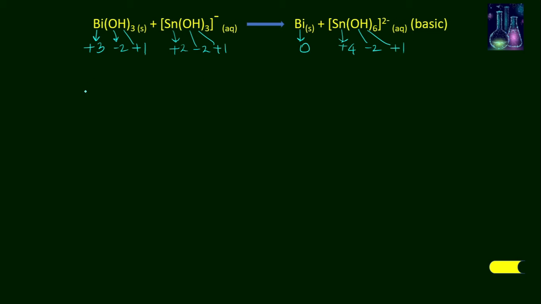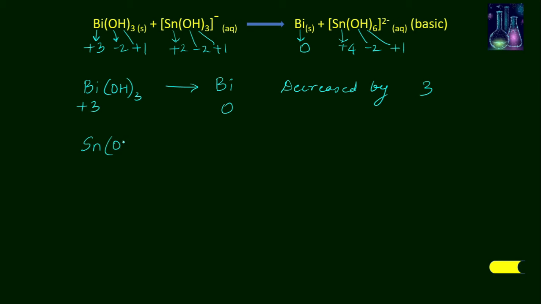Now let's see the increase and decrease in oxidation number. Bi(OH)3 converts into Bi, and the decrease in oxidation number is from 3 to 0. Therefore decrease by 3. And in the case of Sn(OH)3, overall charge -1, gives Sn(OH)6, overall charge -2. The change is from +2 to +4.